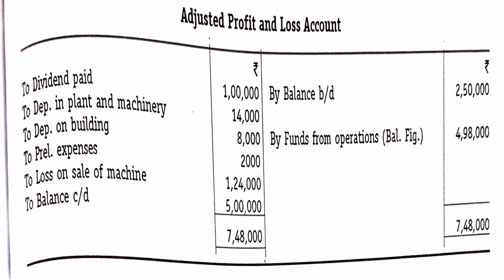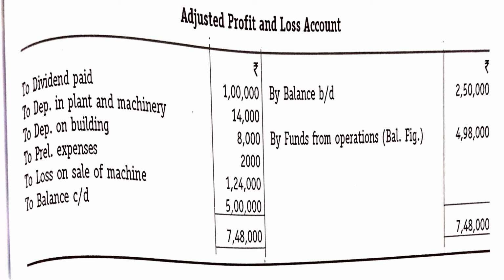Depreciation on building 8,000. Preliminary expenses 2,000. Loss on sale of machinery 1,24,000. Balance carried down 5 lakhs. By balance brought down to the worth of 2,50,000. This amount is given in the problem.